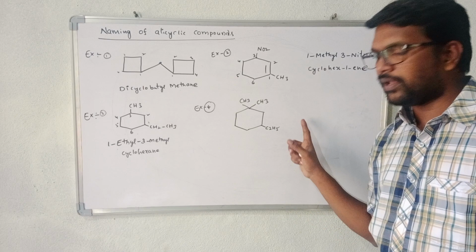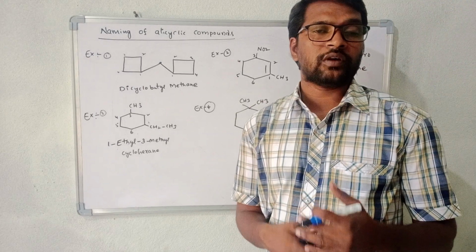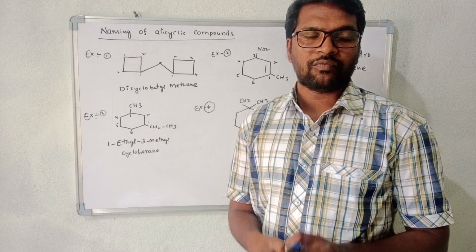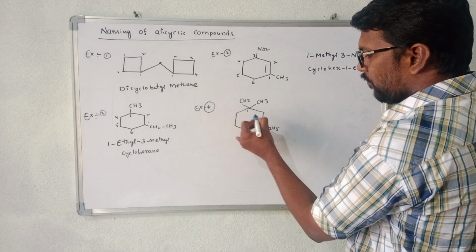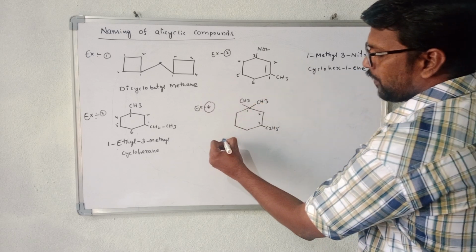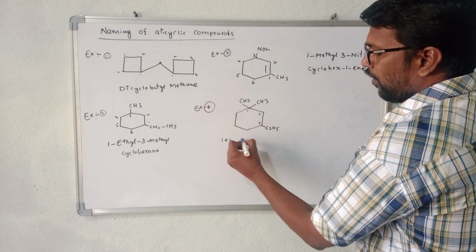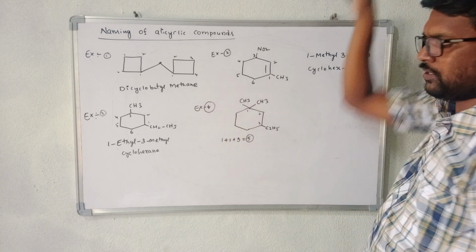The same example is present here also, but here 2 methyl groups are present. So whenever we have this, in that condition we follow the lowest sum rule. According to the lowest sum rule, I write like this: 1, 2, 3. At the first position 2 substituents are present, 1 plus 1, and at the third position 1 substituent is present. Now your lowest summation is 5.